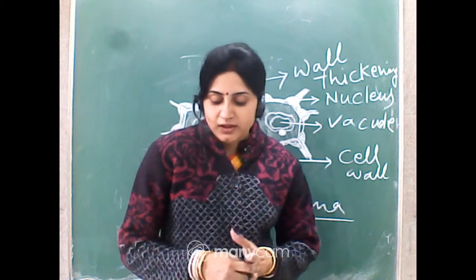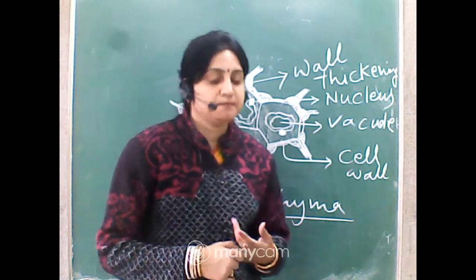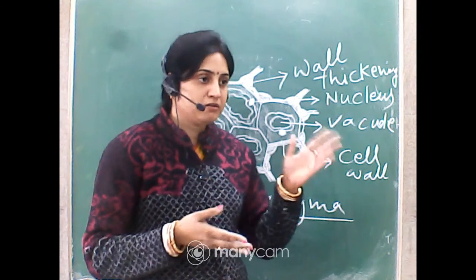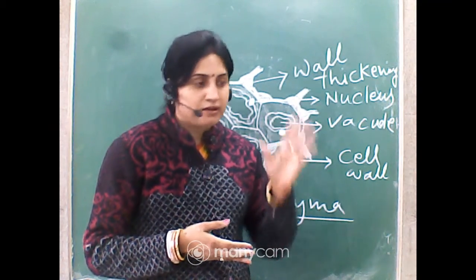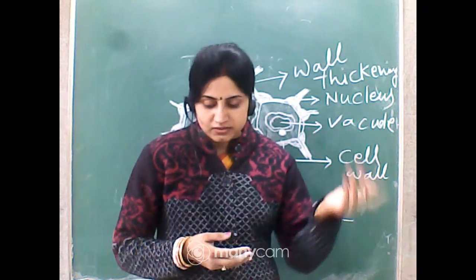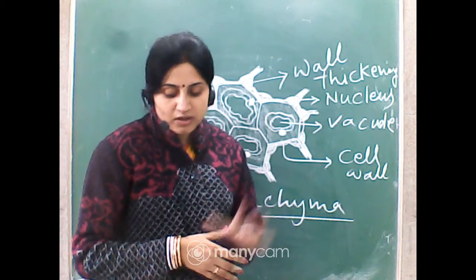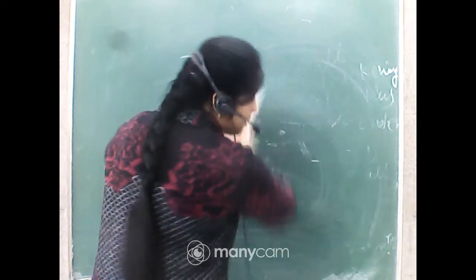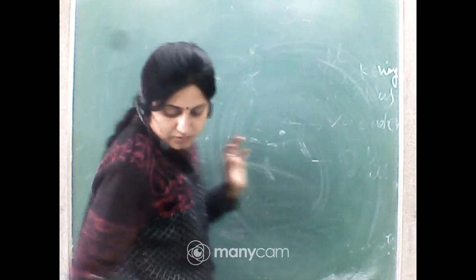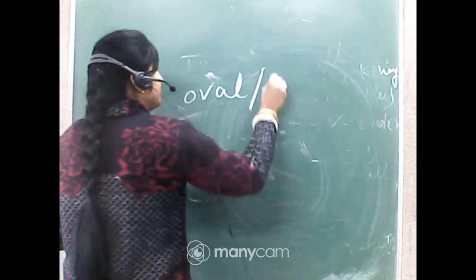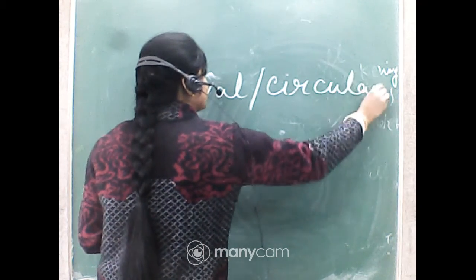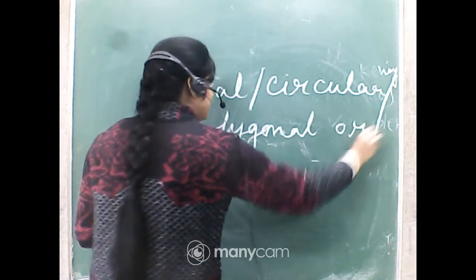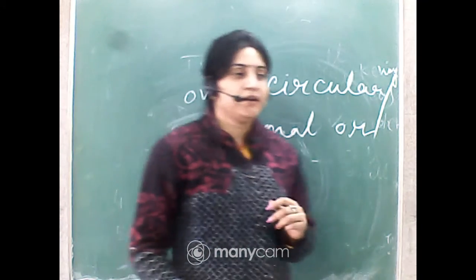Number 2, they may be oval, circular, polygonal, or long, elongated, pointed.